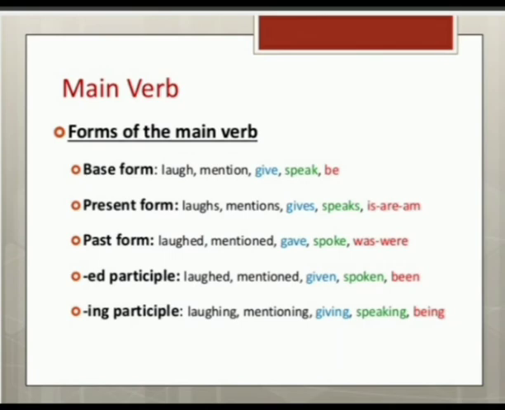Okay, the main verbs. The first is base form. For example, look, mention, give, speak. That uses be. And then the present form. For example, looks, mentions, gives, speaks. That uses is, are, and am. And then past form. For example, looked, mentioned, gave, and spoke.